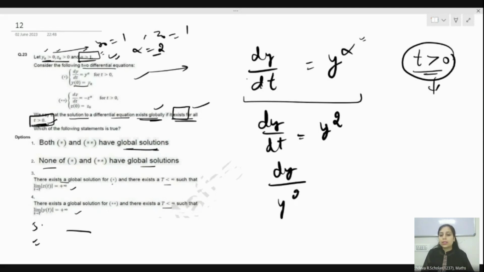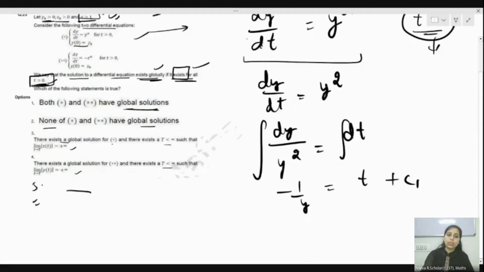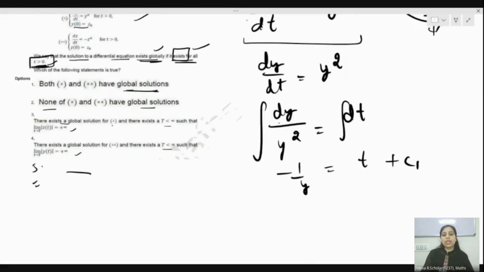Separating the variables, taking y square on this side and dt on this side. Now integrating both sides, we get minus 1 upon y, the integration of 1 upon y square, and here t plus c1. Also the initial condition: we have y0 equal to 1, and we have taken y0 as 1.